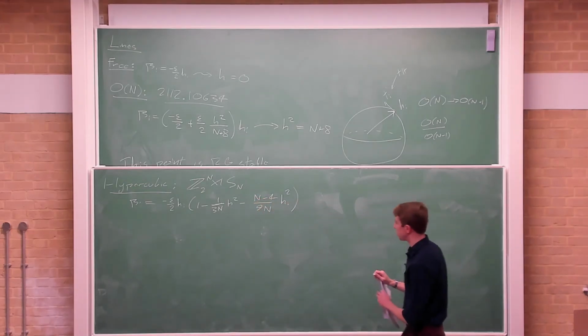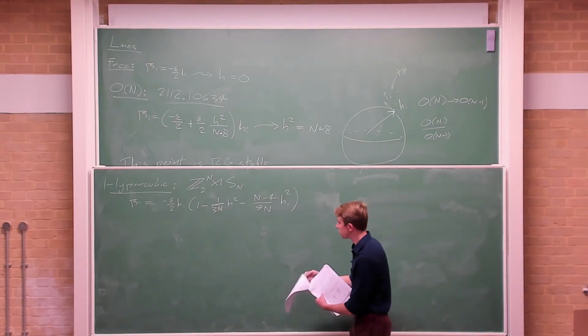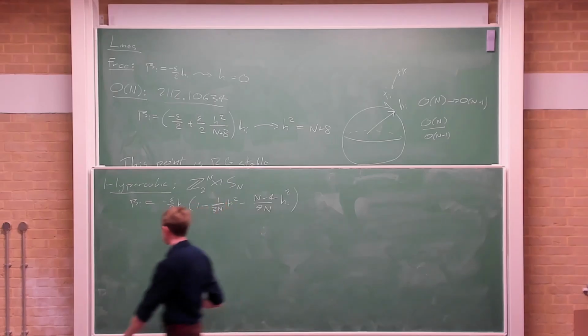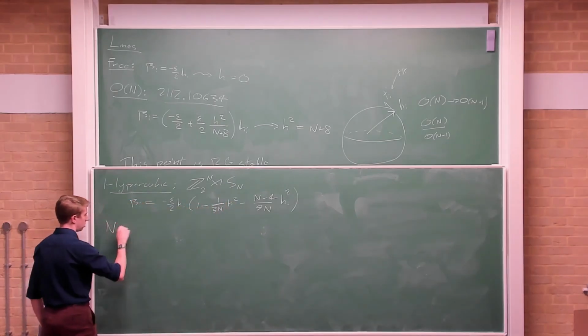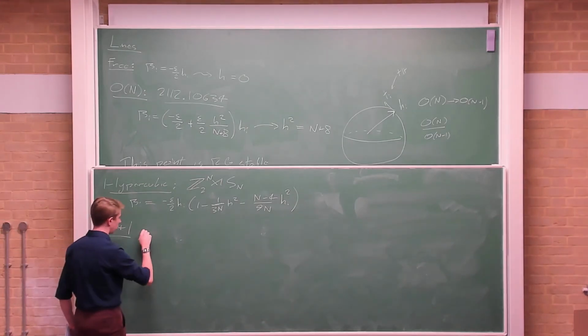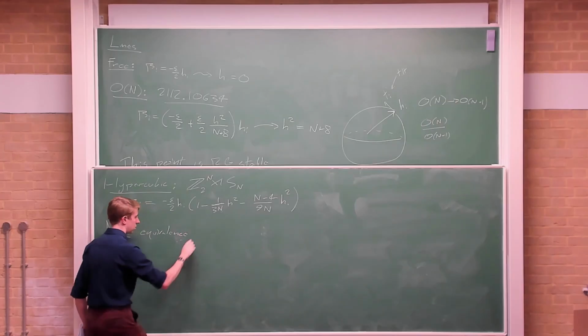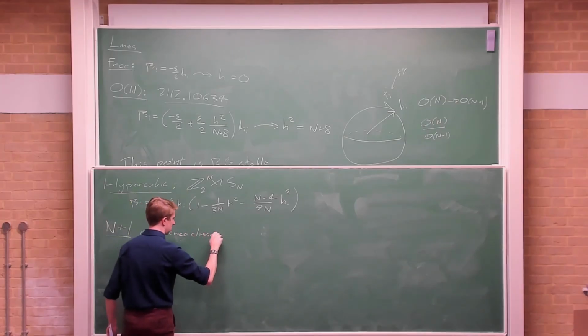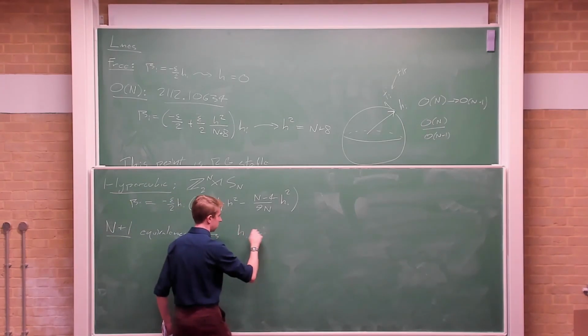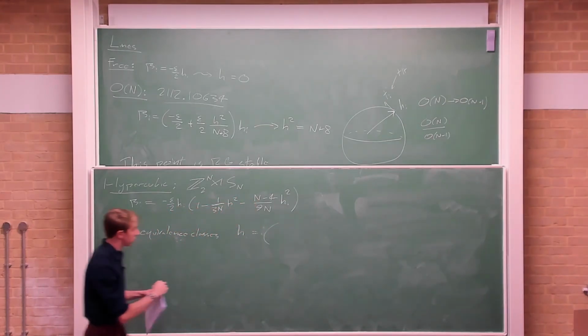And so staring at this long enough, you can possibly convince yourself that all fixed points fall into n plus 1 equivalence classes of the generic type. So we'll have some vector, just some representative.